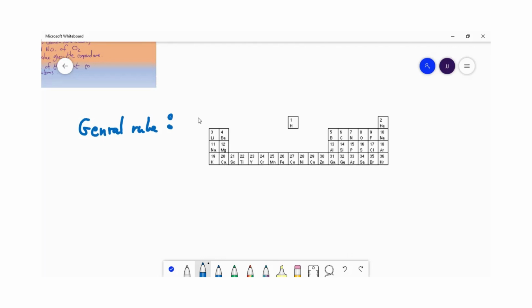So our general rule is that non-metals accept electrons and become negative anions, negative ions.